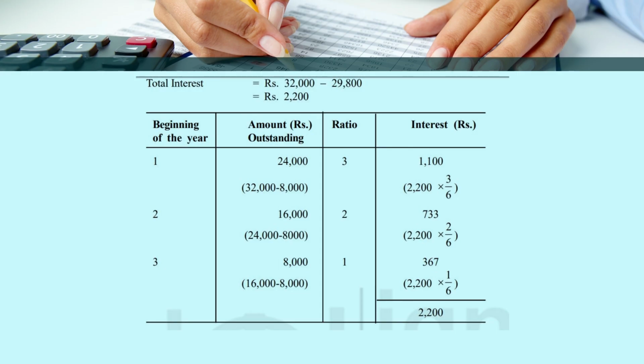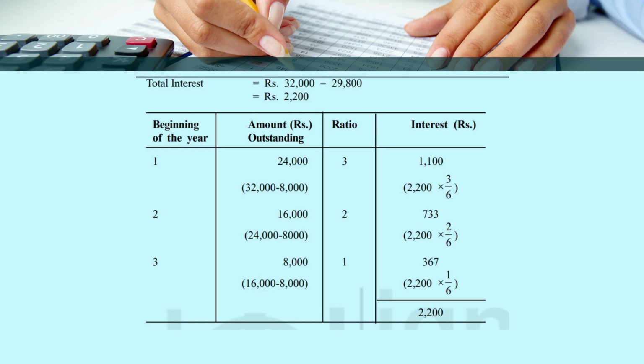Let us see out of rupees 2,200 what will be the amount of interest included in each installment. Based on this total, we now have to ascertain the amount of interest included in the annual installment.